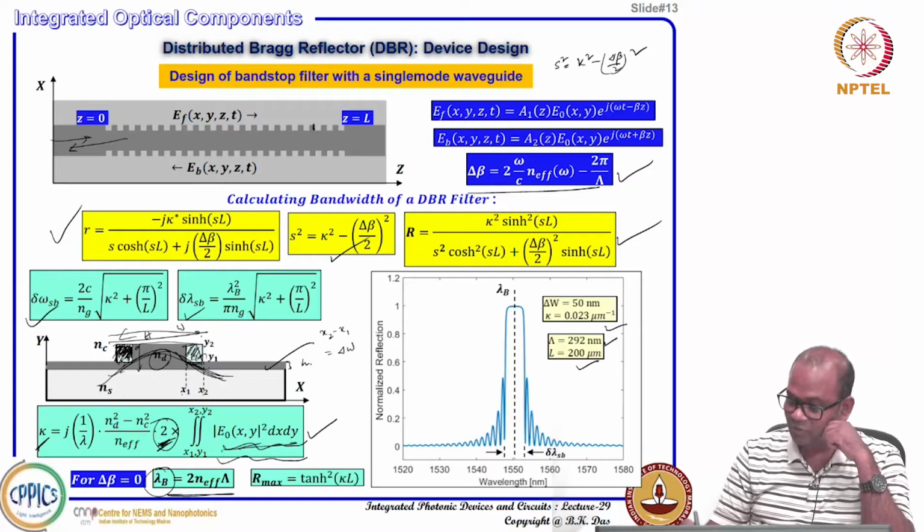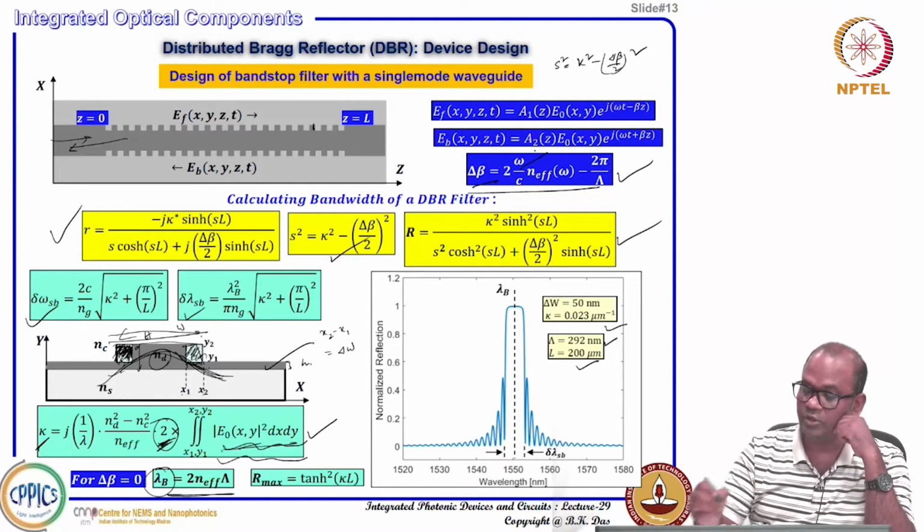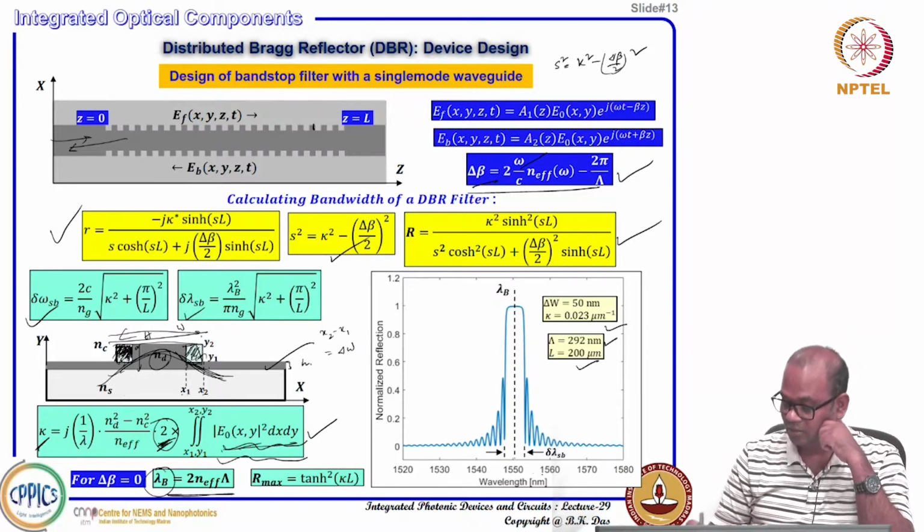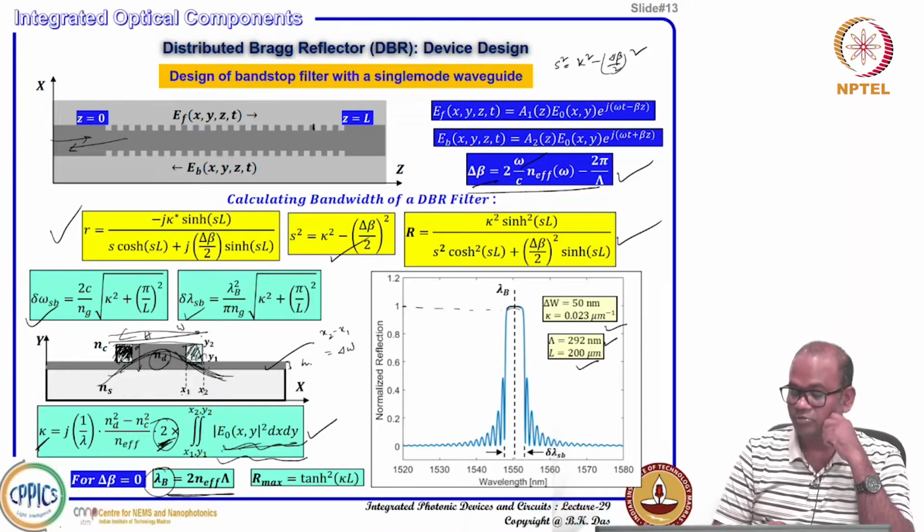Then as you detune delta beta, meaning you are detuning omega or lambda, here shown as lambda, you see the central maximum is equal to 1 for delta beta equal to 0.